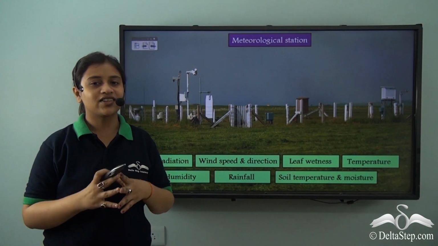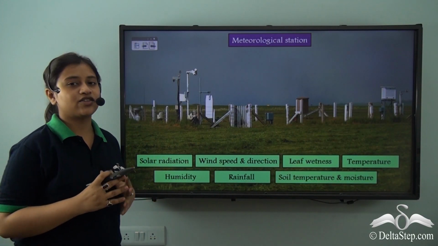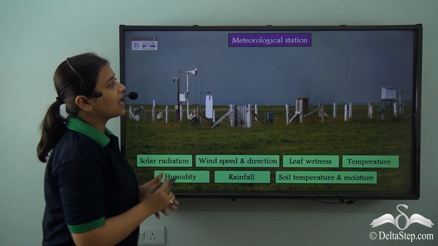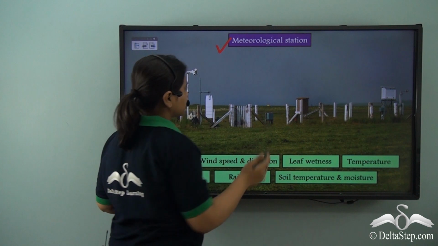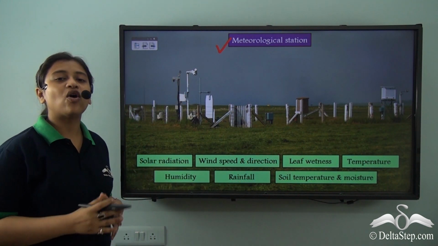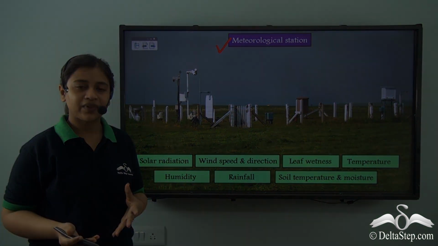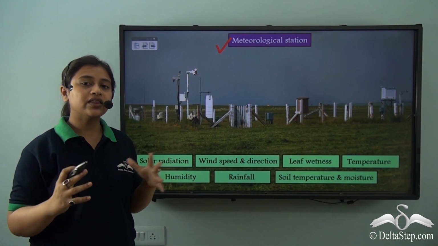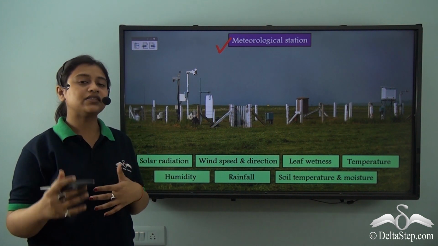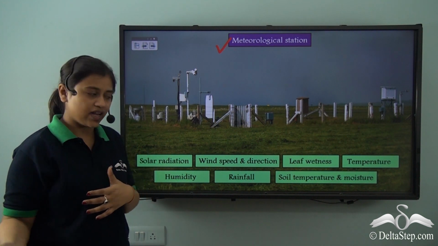So, now that we have understood who is a meteorologist and what is meteorology, let's have a look at the meteorological station or the weather station. This is a facility on land or on sea, and it has various weather instruments and equipment that help in determining different weather conditions, right?